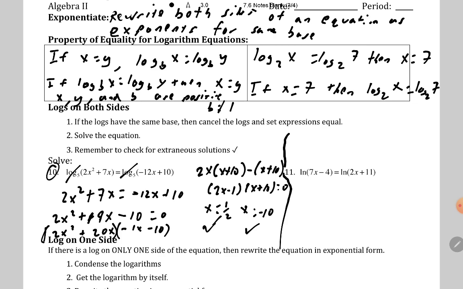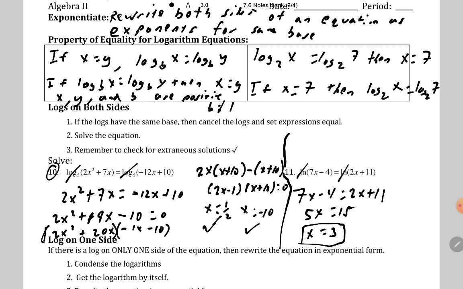Alright, number 11, natural log of something equals natural log of something. We can cancel out the natural logs, and we're left with 7x minus 4 equals 2x plus 11. And then we have 5x equals 15, moving the 2x to the left and the minus 4 to the right. So x equals 3. We plug this back in. 7 times 3 is 21 minus 4, that's positive.